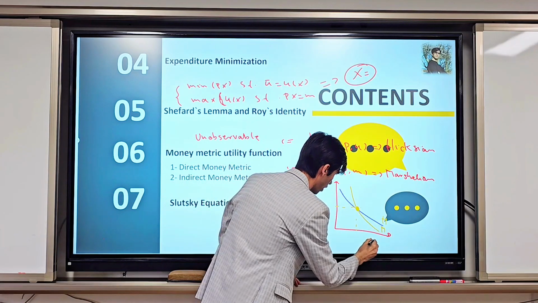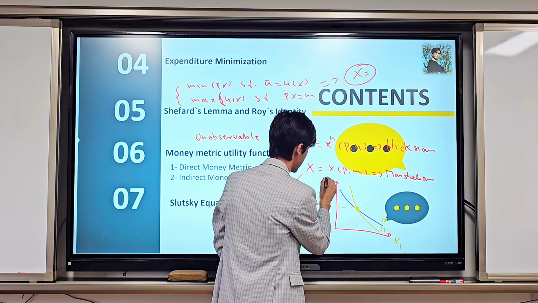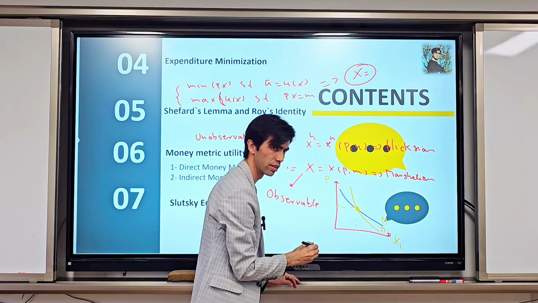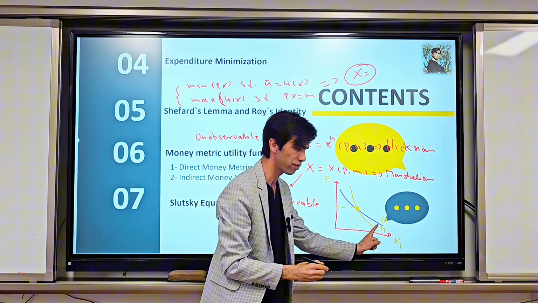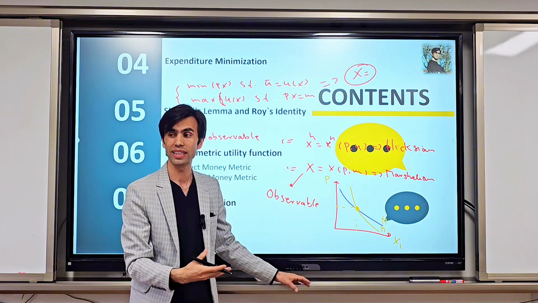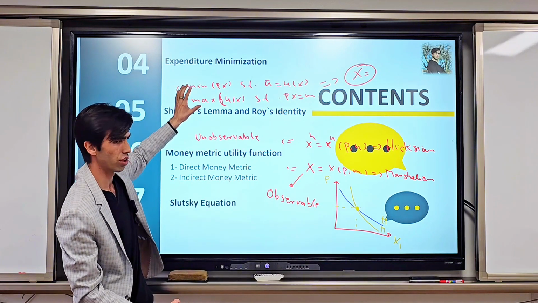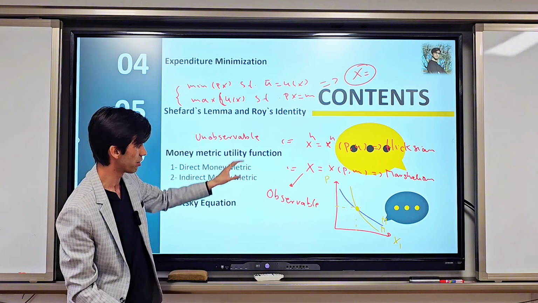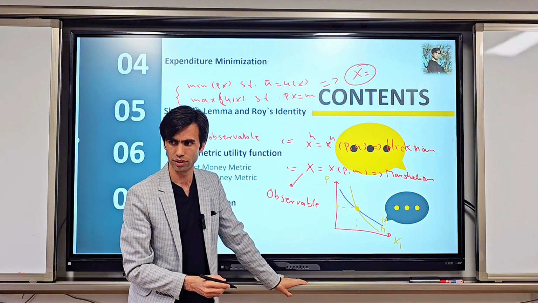For example, if this one is x1, this one is x, this one is price. When you find this point, it is exactly the same for both Hicksian demand function and Marshallian demand function. That's why we say there's a duality. Duality means that either we work by minimization of expenditure function or maximization of utility function, we will move directly to the same level of demand.